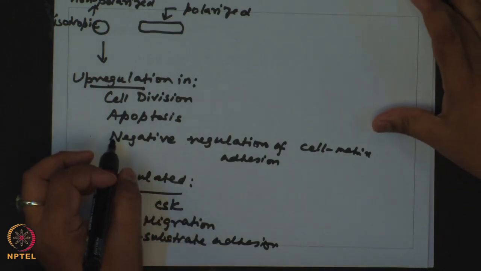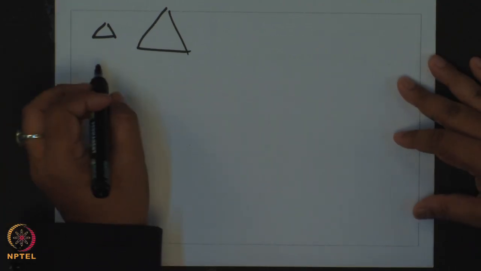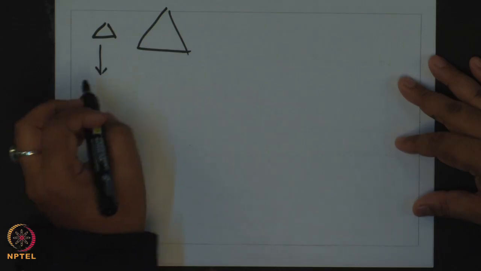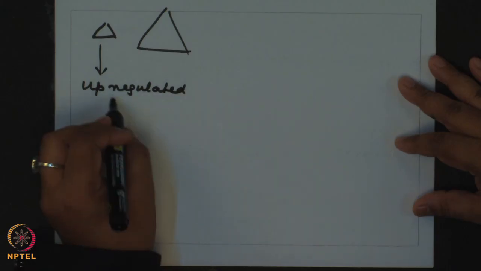Similarly, they observed differences. They used the triangular geometry. They compared a small triangle with a big triangle. And what they found was in the smaller triangles there were several signaling pathways which were upregulated.